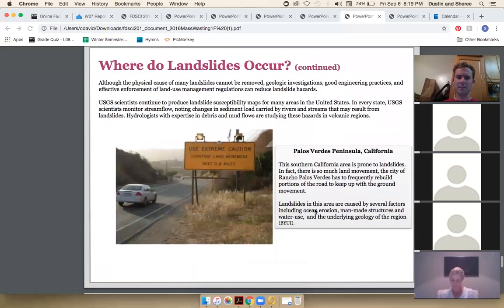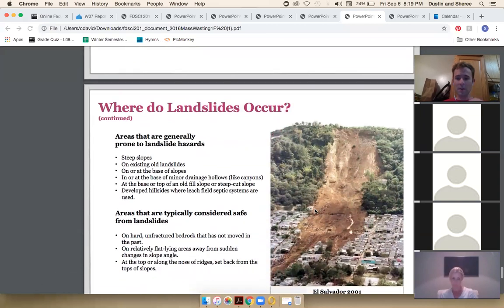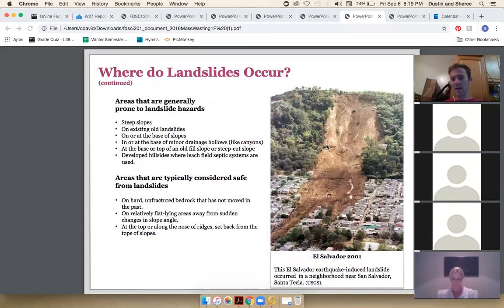Okay. So this is just talking about it. We're going to keep past here. So this right here is a landslide in El Salvador. You can see there's a big slope here. The areas that are prone are typically steep slopes. Another thing that you'll see often is there was already a landslide that happened there.